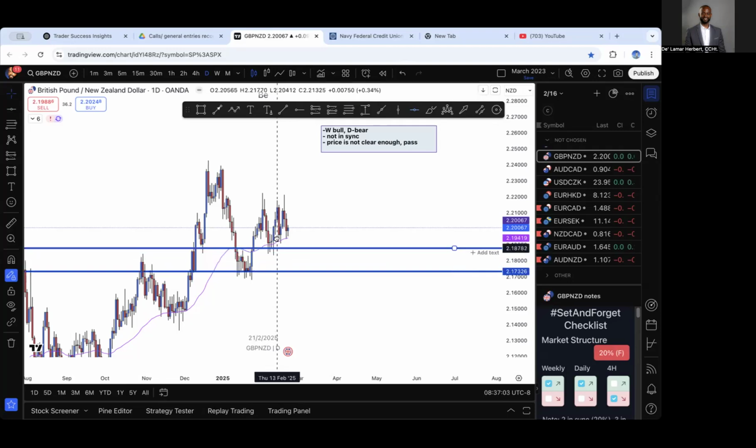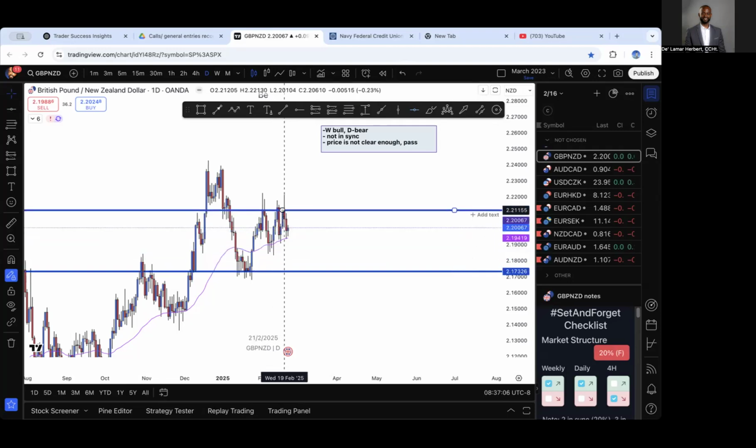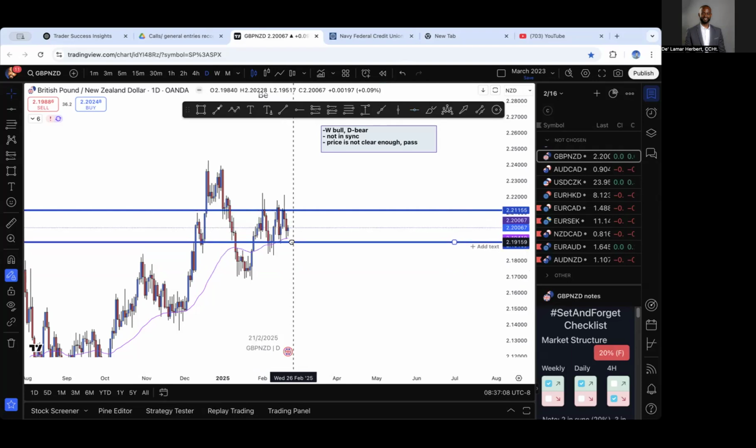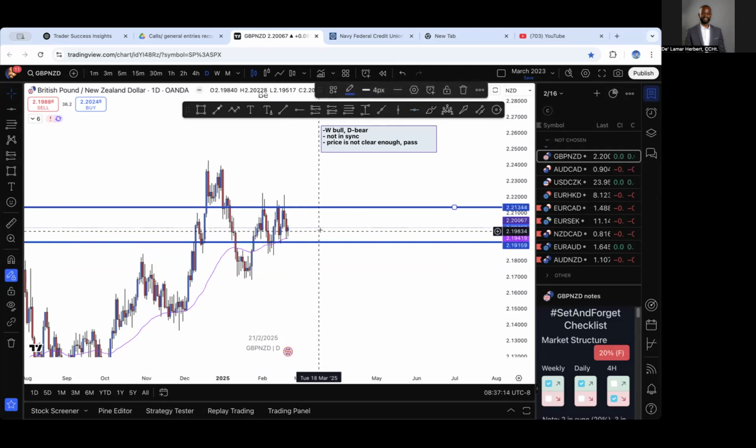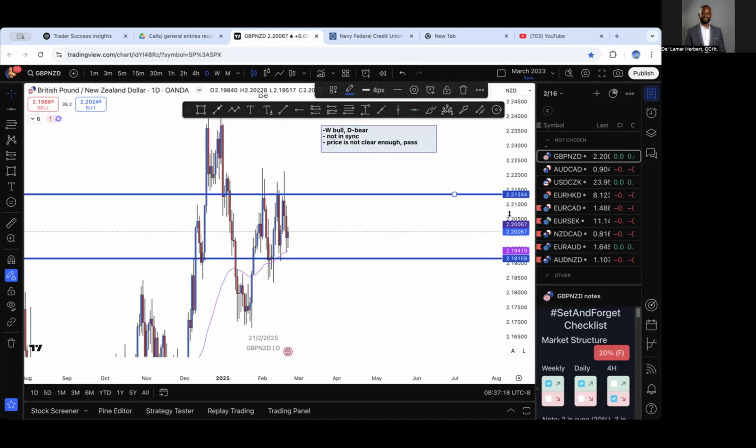And then we had a shift here, right? And this would be my higher low. This would be my higher high, right? And then now we're still in this bullish frame. So we're technically in a bullish frame here on the daily. So this would be actually in sync, right? This will actually be in sync.